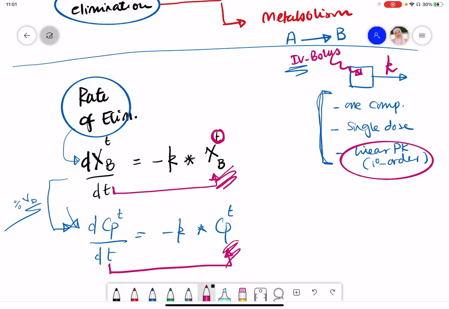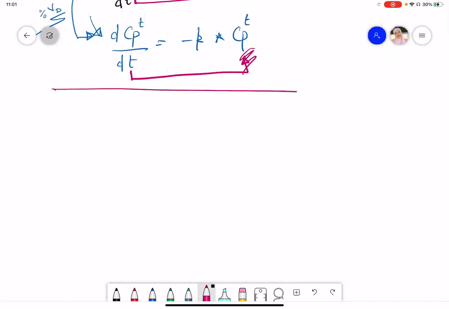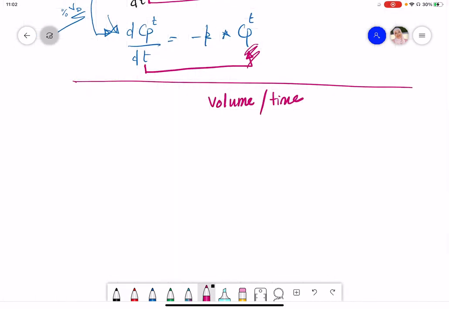So we need to find a way to describe the elimination so that we can define the model accordingly. One way to do so is using volume per time to describe the elimination, because we mentioned earlier that the volume we are using in this model is constant regardless of the drug concentration or amount of the drug in the body, right?